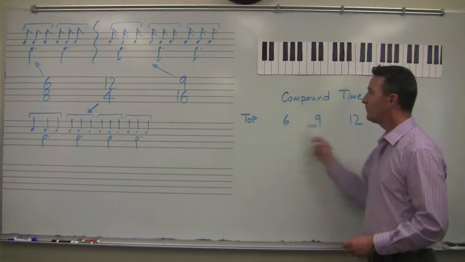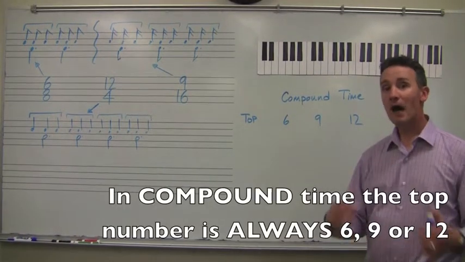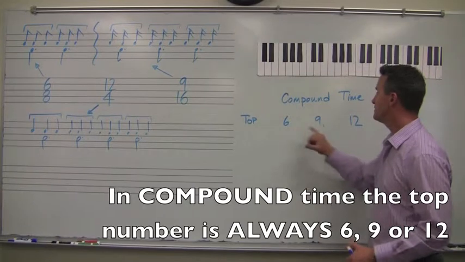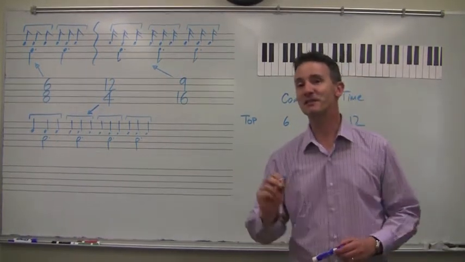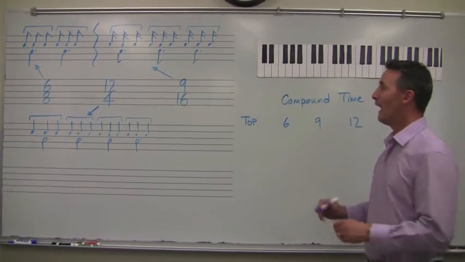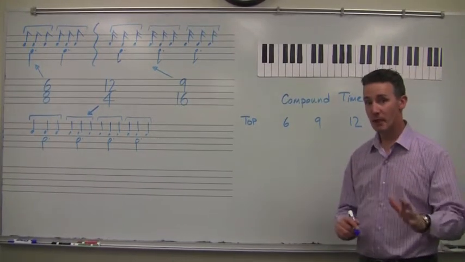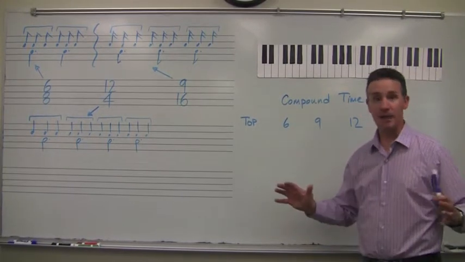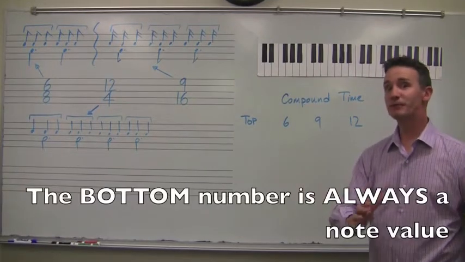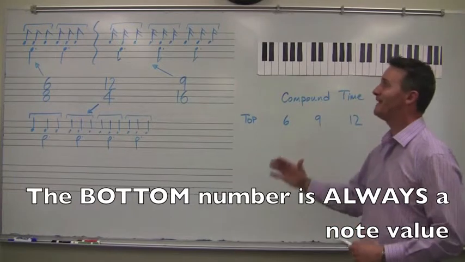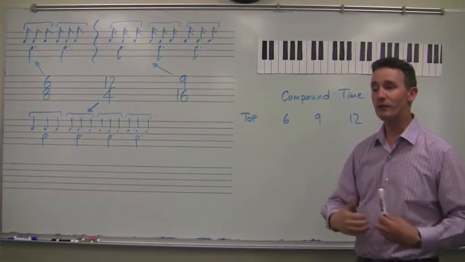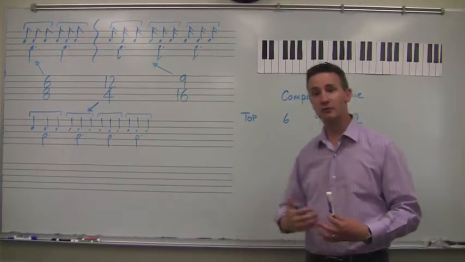Well, the top number in the time signature will be a 6, 9, or 12 for compound time. A 6, 9, or 12. As always, the bottom number in any time signature, whether it be simple time or compound time, represents a note value, and we've looked at those in an earlier video as well.